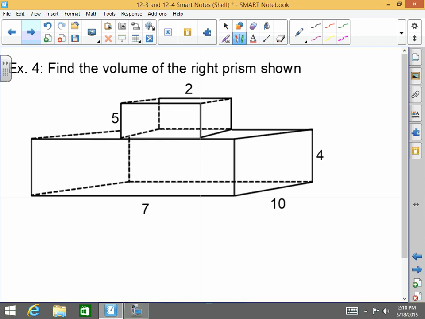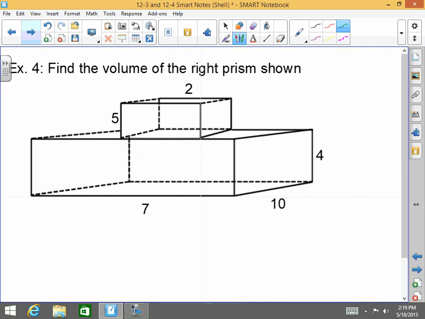Okay, now let's find the volume of this right prism. Before we get into this, if I was asking for the surface area, remember that this piece right here would have to be subtracted out because that's not part of the surface. However, here I am simply asking for the volume.